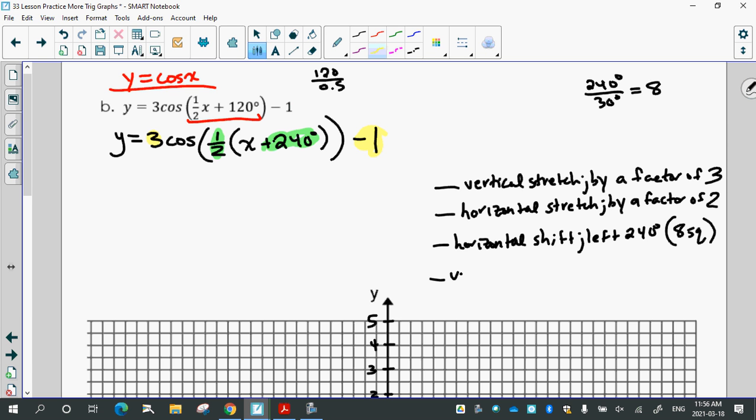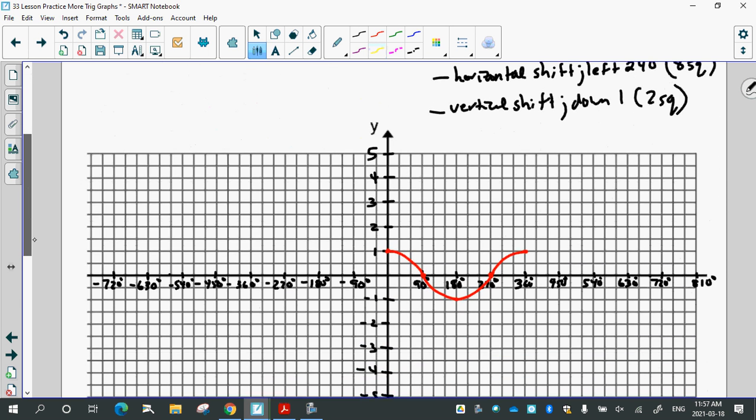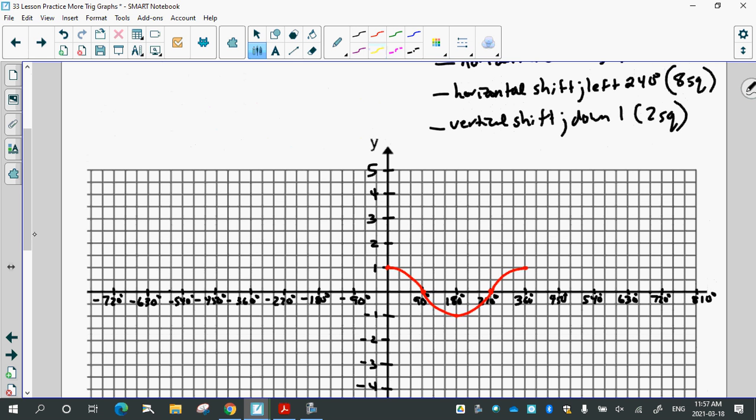And then vertical shift: down 1, which is 2 squares. So those are the 4 things I have to keep in mind as I'm looking at each point. And my new vertical axis should be at -1. I could highlight that in there if I want to.